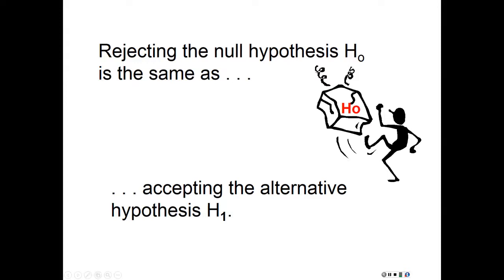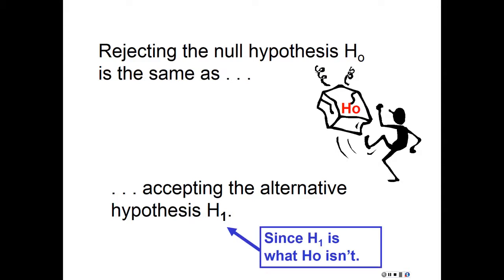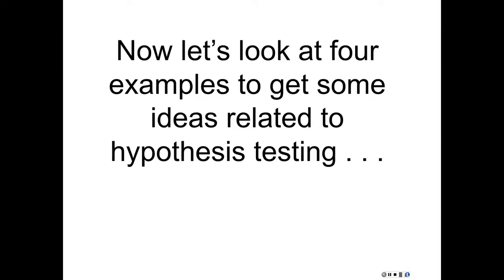Might sound like semantics, but when you think about the trial by jury, it makes sense. And H1 is what H0 isn't, so it's saying basically, well, the evidence kind of supports that H1 was true, even if I might not believe H1 was true. So we're going to look at 4 examples related to hypothesis testing to get you into the idea of how this works.